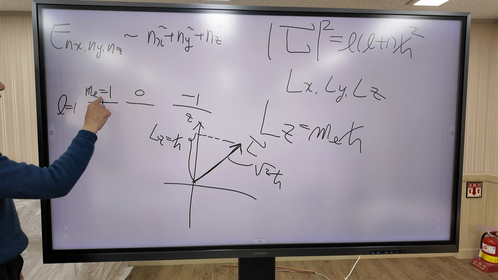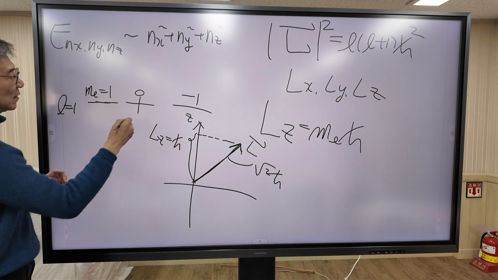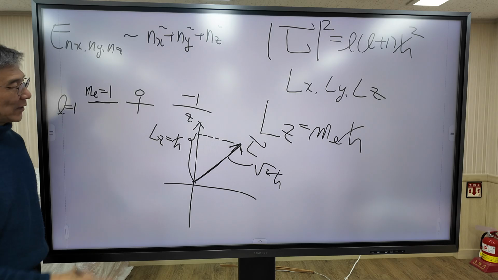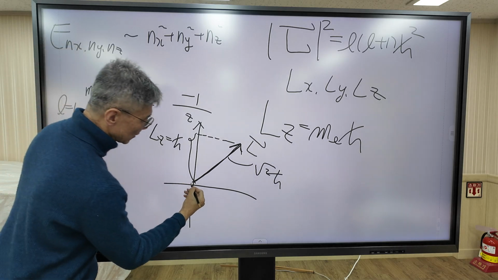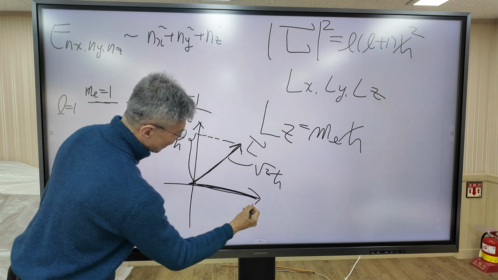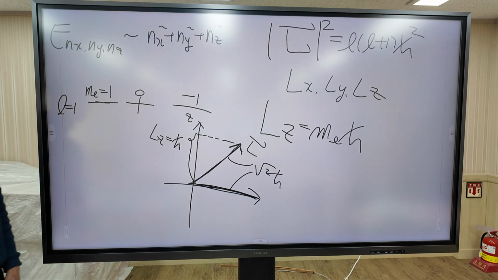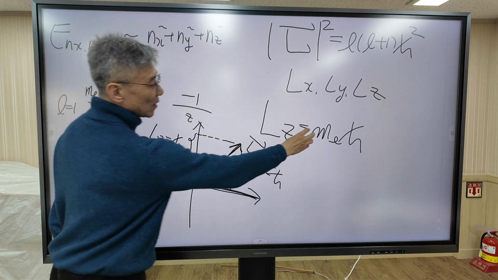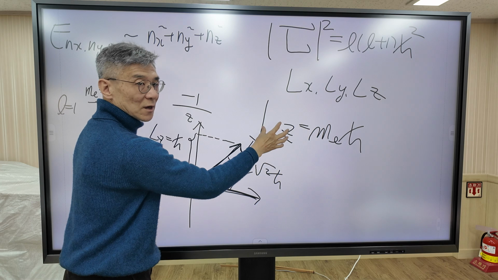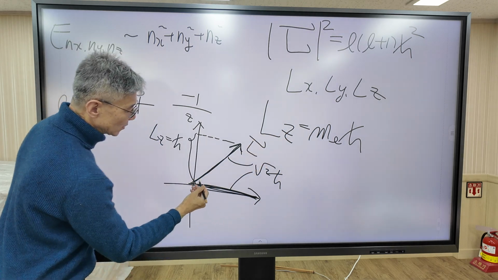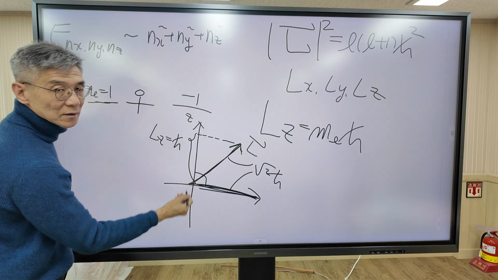Then what happens when the electron is in an ML equals 0 state? When you draw the vector, it looks like this. The magnitude is still square root 2 h bar, but when ML equals 0, Lz equals 0. So it means that this vector must be perpendicular to the z component. So this is ML equals 0. For ML equals minus 1, it is on the opposite side.